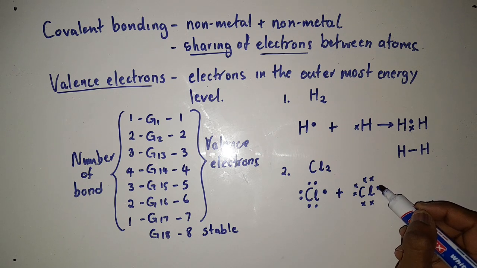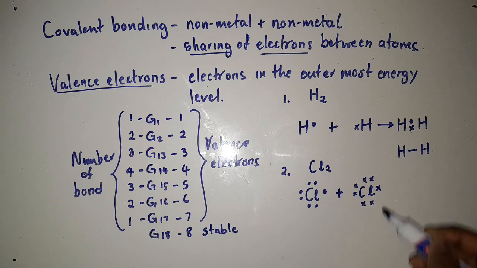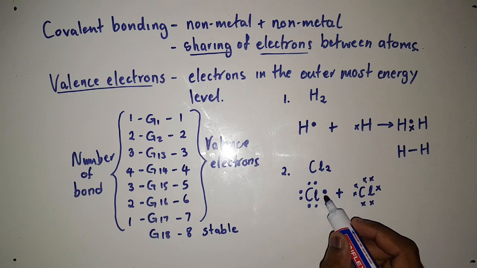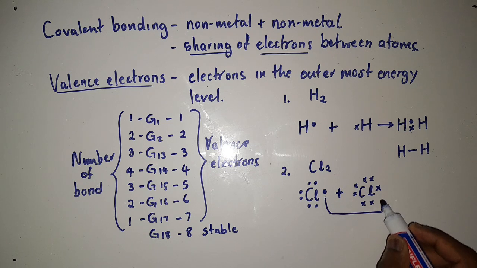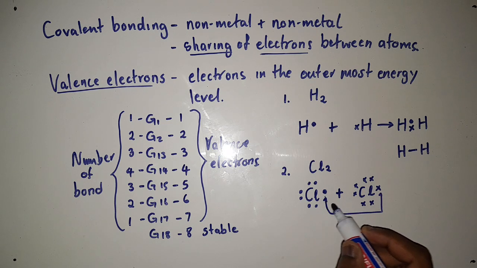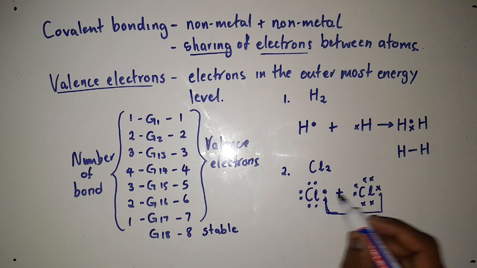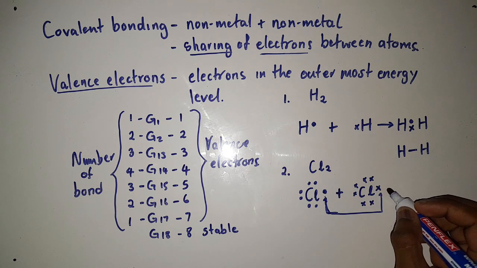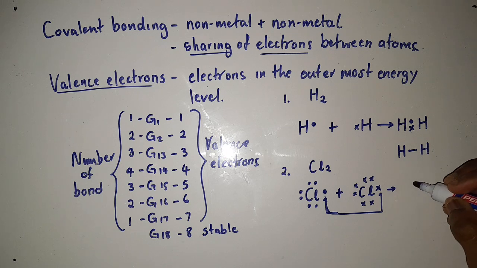We also have one unpaired. That means this dot is going to pair with this X in such a way that now we get something like this.